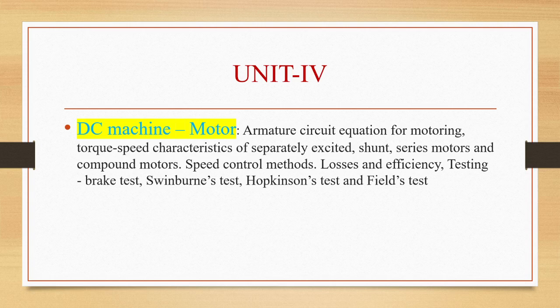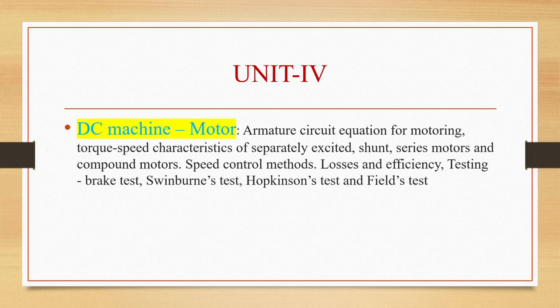Only these 4 tests are there. Other tests also exist, but in the syllabus only 4 tests are there: brake test, Swinburne test, Hopkinson test and field test. First we are going to see the equivalent circuit. In this class I'll be telling the introduction part, that is, the armature circuit equation for motoring.